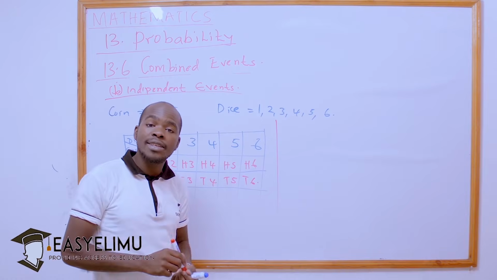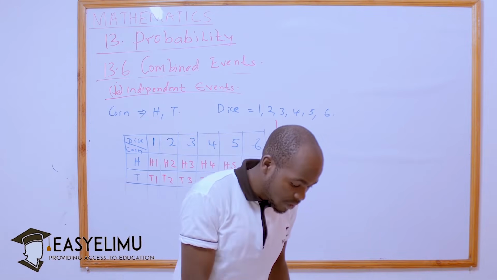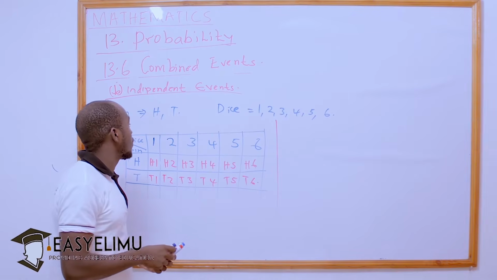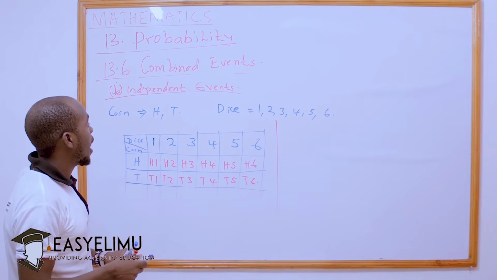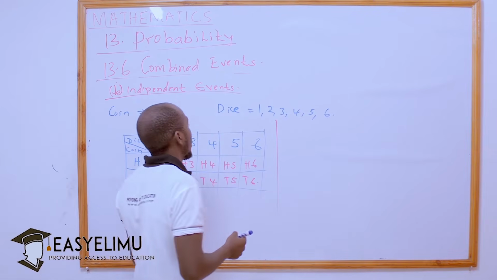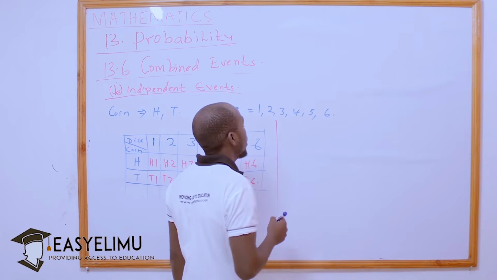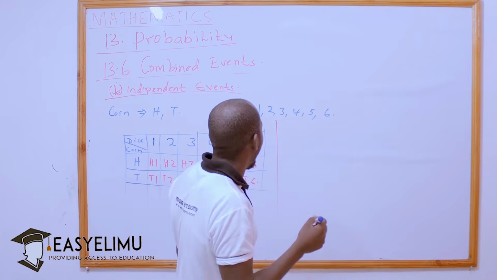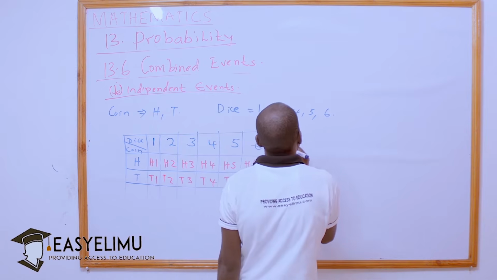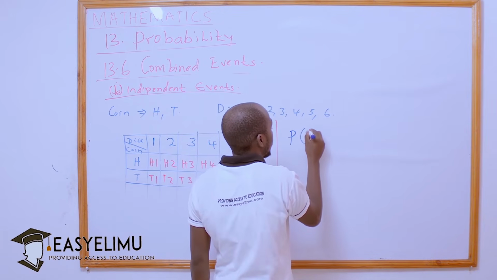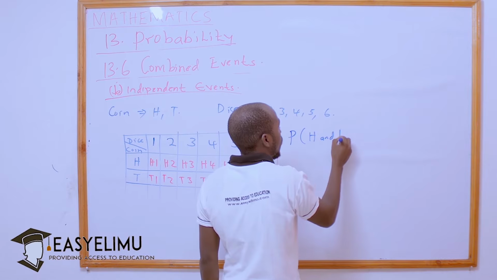But if you are asked to find the chances of a coin and a dice occurring together, showing a head and 1, it will be the probability of a head and 1.